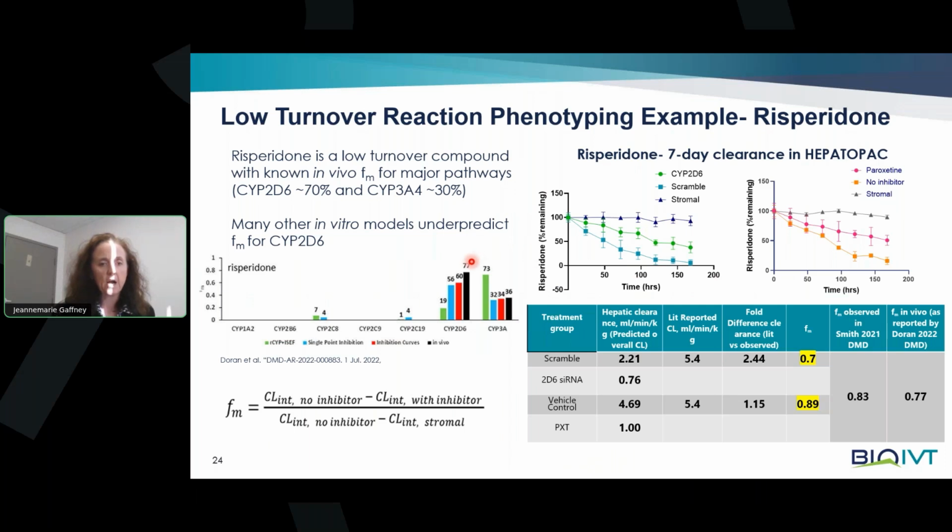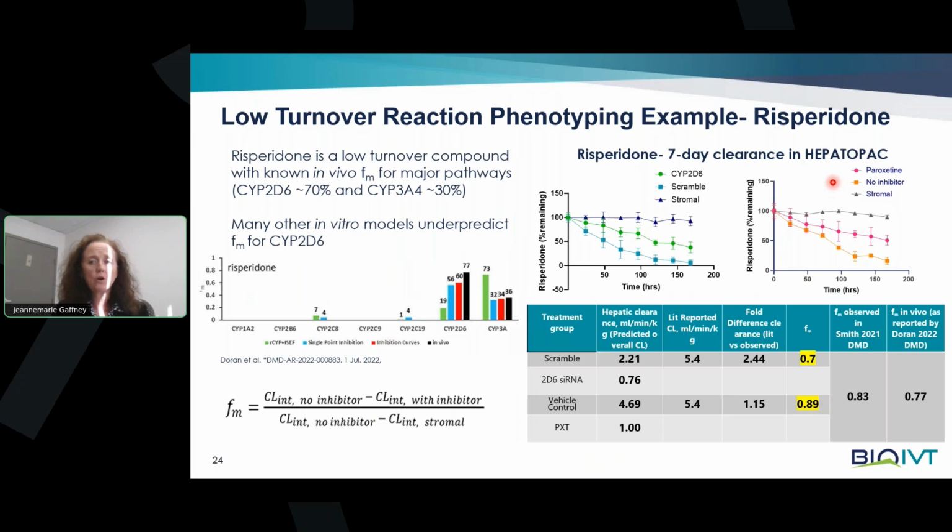Specifically in this graph here, you can see that the in vivo measurement was 77%, so around 70% FM. The green bar here would represent recombinant CYP enzymes. So you can see that the portion metabolized by 2D6 is underreported in this case. These are some optimized cell culture methods which researchers have prepared. And once again, we're still seeing underprediction there.